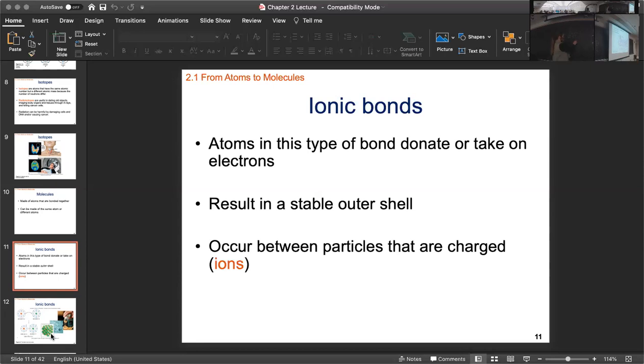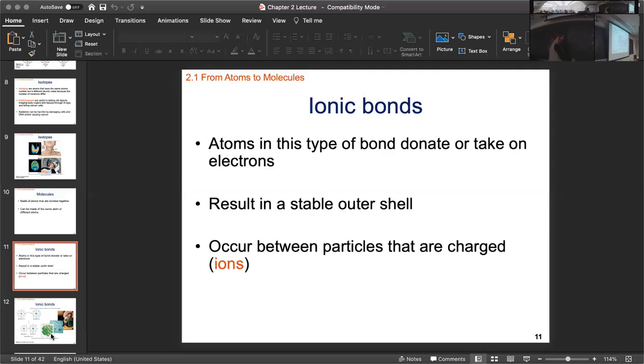All right, so we've got chloride here. It's got 1, 2, 3, 4, 5, 6, 7. Sodium has 1 outer electron because it's all the way to the left column. Do you guys see where sodium is? Column 1, row 3. Sodium has 1 outer electron here, and when they go together, they donate that and they become stable. Okay, so this is a donation.